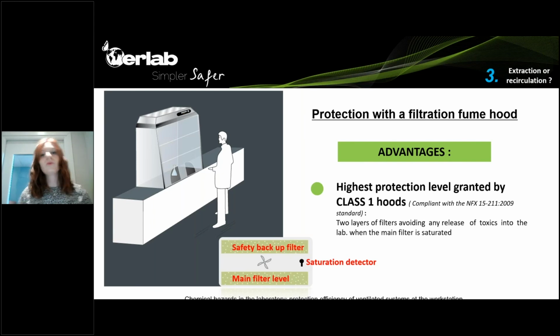Class 1 fume hoods are composed of 2 layers of filters: a main filter level and a safety backup filter with a saturation detector after the main filter level. These 2 layers avoid any release of toxics into the lab when the main filter is saturated, because when the first filter is saturated, you still have a backup filter that will make sure there's no release of toxics into the lab.